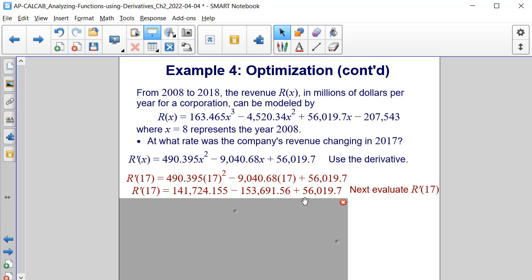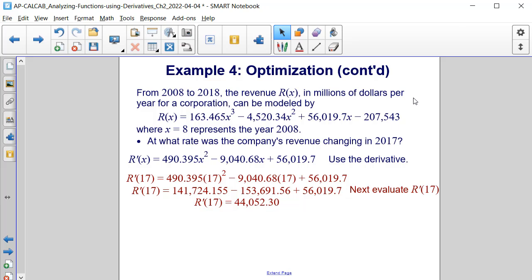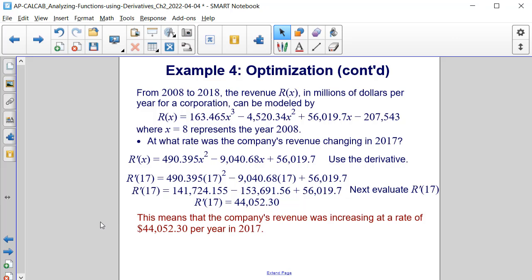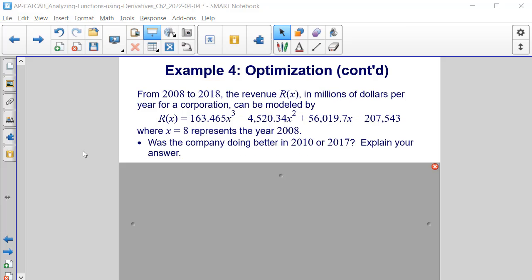And then we add on the 56,019.7. And when we evaluate this expression, we will end up getting 44,052.30. And this means that the company's revenue was increasing at a rate of $44,052.30 per year in 2017.